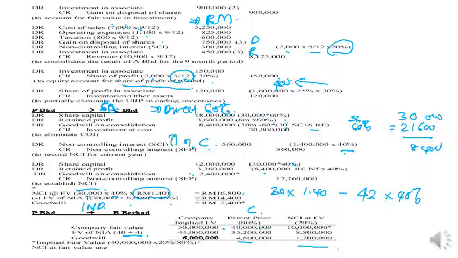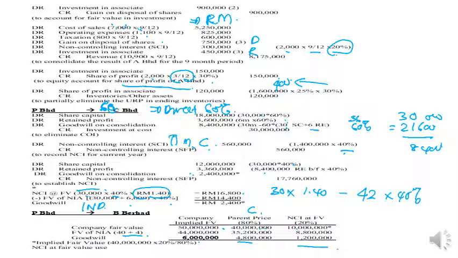This 1 ringgit 40 is the value for the company as a whole. To get that 1 ringgit 40, it is at the date when you acquired C, so the fair value here is 1 ringgit 40. So you're going to have 30 times 1 ringgit 40, which equals 42. From that 42, times 40%.